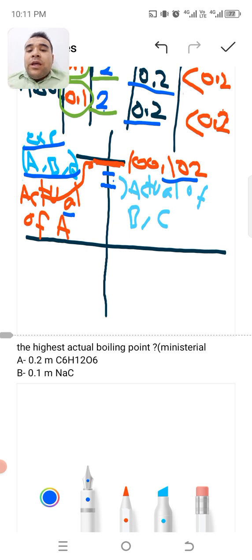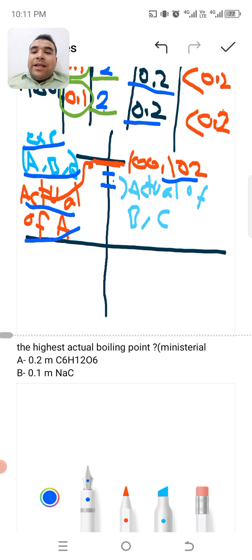So the actual value of A, which is the sugar, is the same as the expected one, 100.102. But the two others, B and C, NaCl and MgSO4, have a lower actual value than the expected.